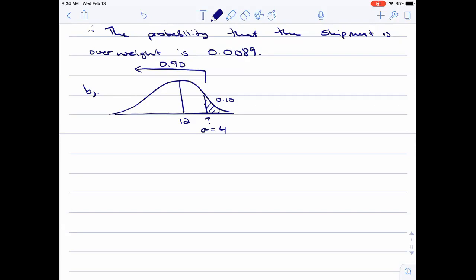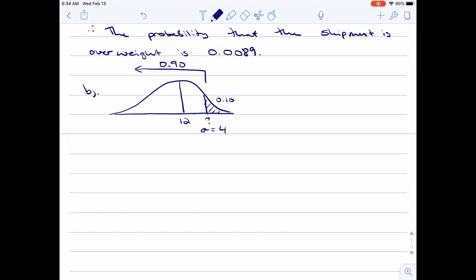I'm landing between 0.8997 and 0.9015. So 0.9 minus 0.8997, just to see how far it is away. It's 3 away, 0.0003. Looking at the other one, it's 15 away. And so that's how I pick the closest one, right? But you can just use your calculator to see which one's closest.